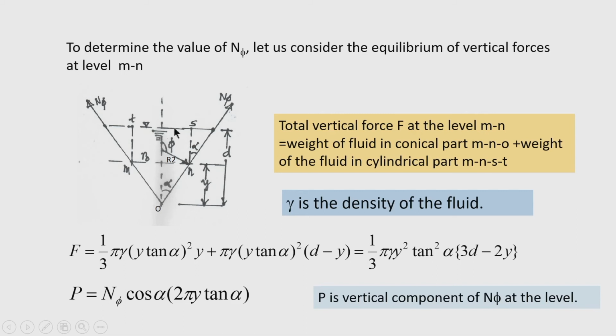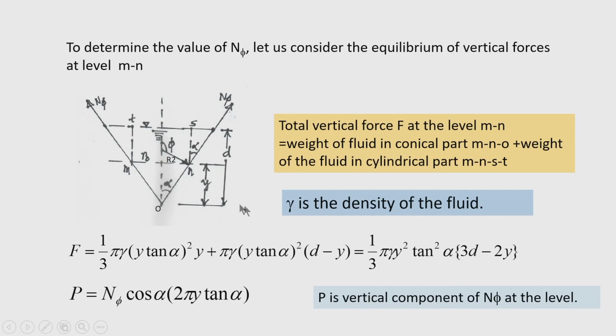Then adding the weight of the cylindrical portion of the water, the radius of the circle is y tan alpha. So, pi r square into gamma into the height of the cylinder d minus y. After simplification we get the total weight as 1/3 pi gamma y square tan square alpha (3d minus 2y).